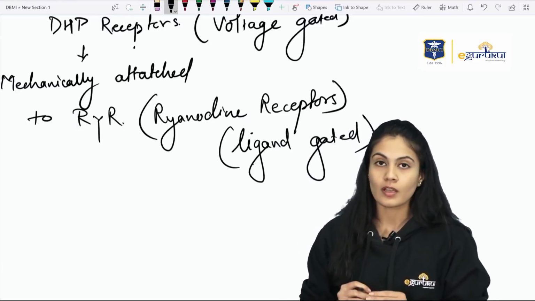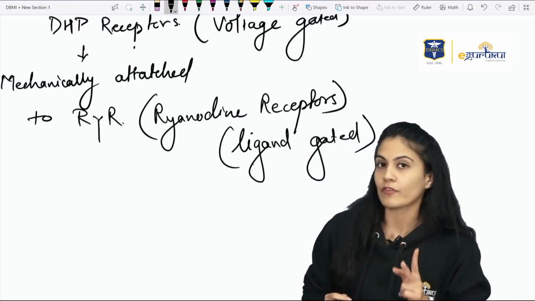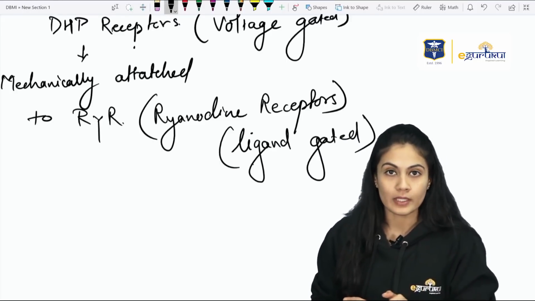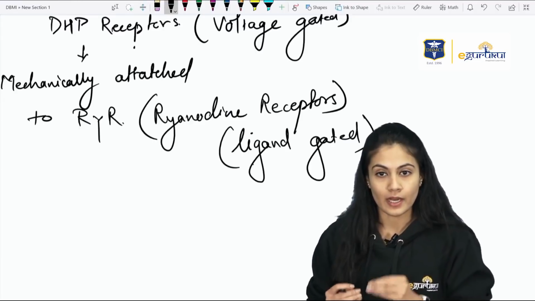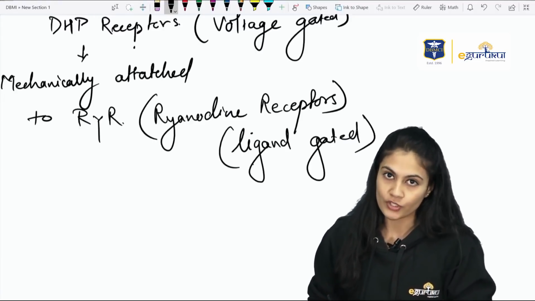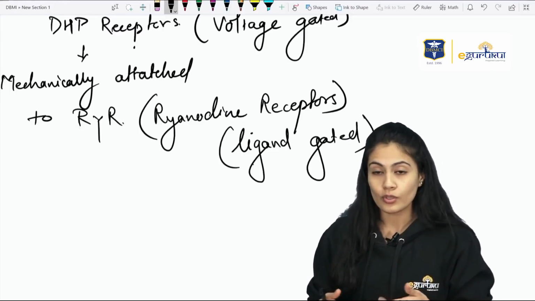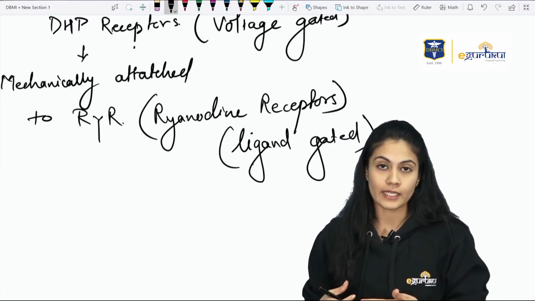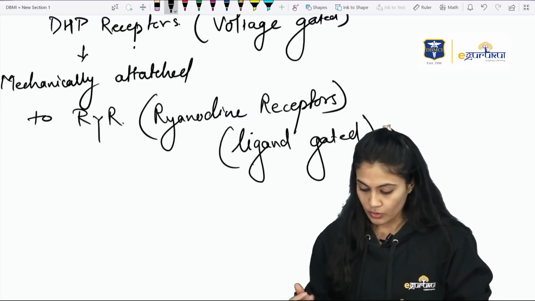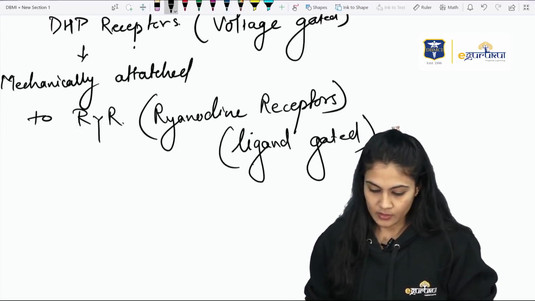In some books, it is written that both types of ryanodine receptors are present in skeletal muscle, but most commonly over 90% are ligand gated channels, and 8 to 10% are voltage gated channels. But still the ligand gated ryanodine receptors are a lot more. So mainly they are ligand gated.